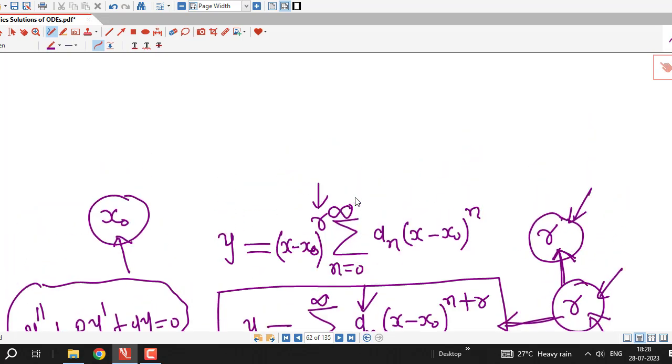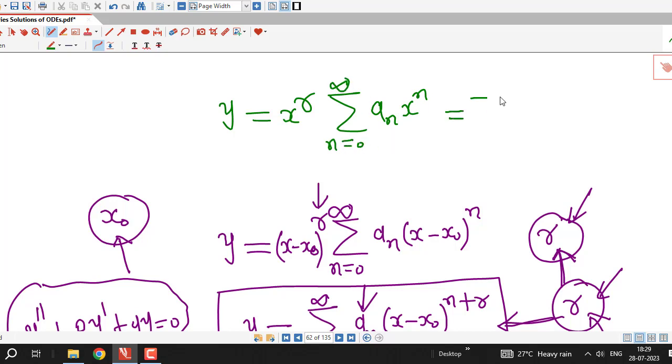Now suppose x0 is 0, then our solution will look like this: y equal to x raised to r sigma a n x raised to n, n equal to 0 to infinity. Or I can rewrite it in this form also: sigma a n x raised to n plus r, n equal to 0 to infinity.